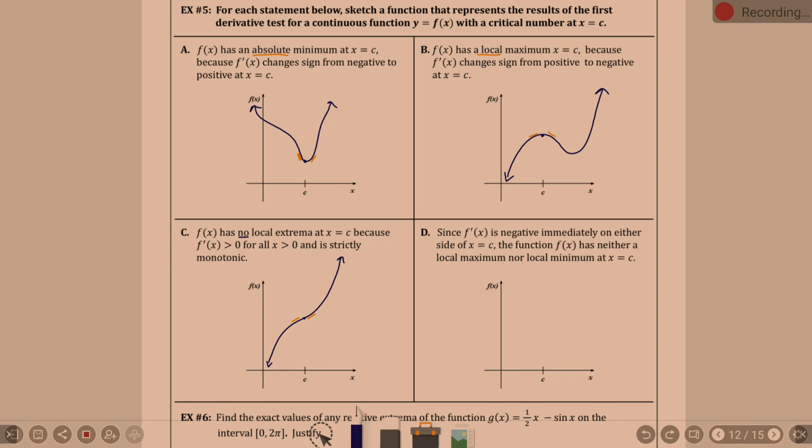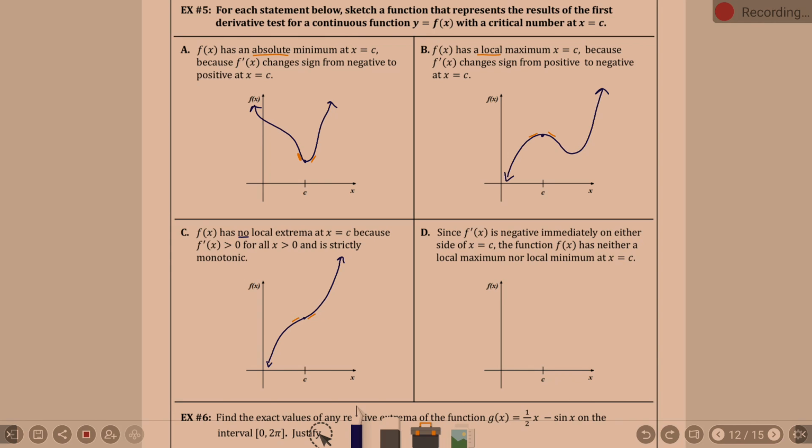Since f prime of x is negative immediately on either side of x equals c, the function f of x has neither a local max nor a local minimum at x equals c. Basically just the opposite. It could be just a negative line, but it could be a negative cubic.